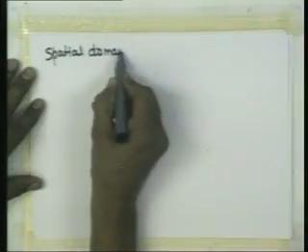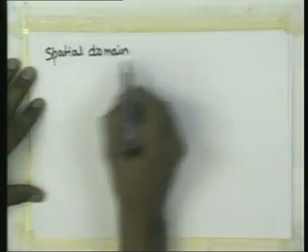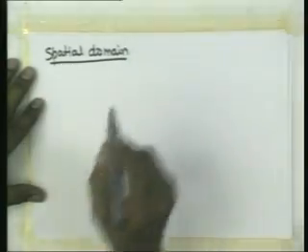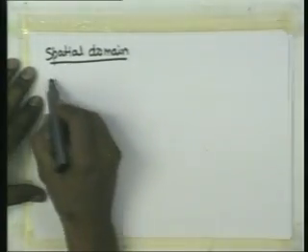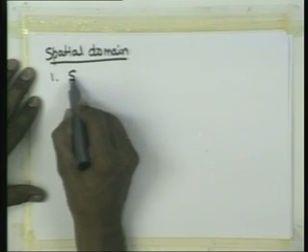Okay, now let us concentrate on our spatial domain approach or operations. Okay, so here we are going to look at one first thing. We are going to look at smoothing.